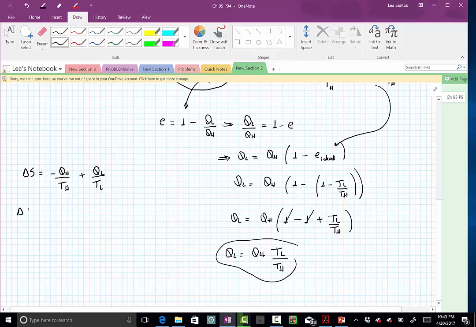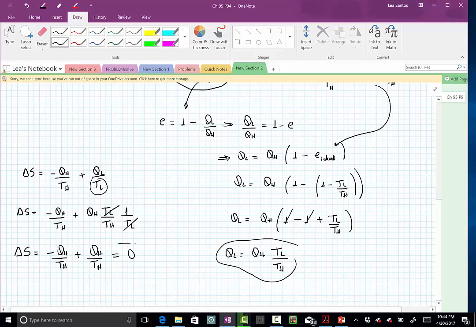I'm going to write all this symbolically, and what I'm going to substitute here is this QL that we just found. This QL is QH TL divided by TH. And here I also have this TL. So this TL cancels, and now I found that the change in entropy is minus QH divided by TH plus QH divided by TH.